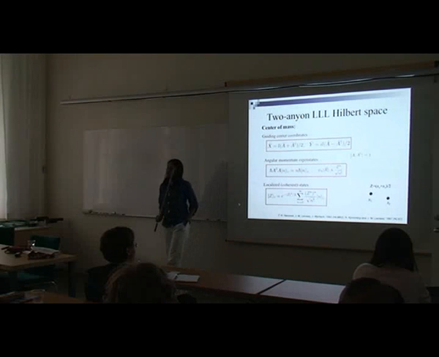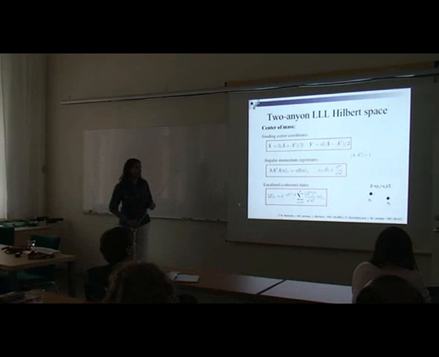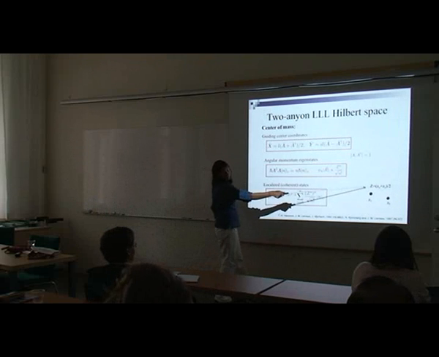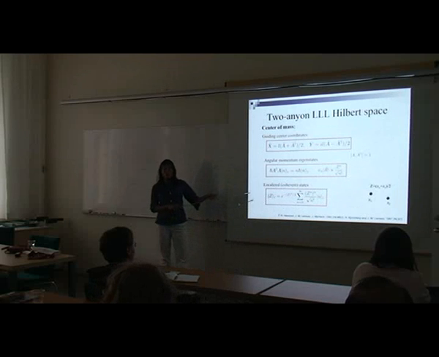And then finally, if you want to describe a localized anion at some particular point z, let's say the center of mass coordinate being z, then this is the form of the localized state that you have. And I'm introducing that because it is something that I will be using later on.